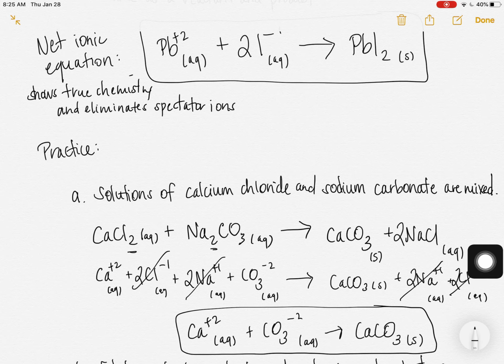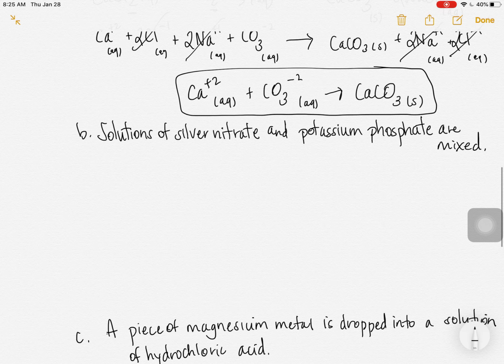I'll say that again. If it's a double replacement reaction where you have everything aqueous except for your precipitate, the net ionic will be the ions that form the precipitate every single time. However, in just a minute, we're going to encounter a situation that's not like that. But we'll do that in a second.